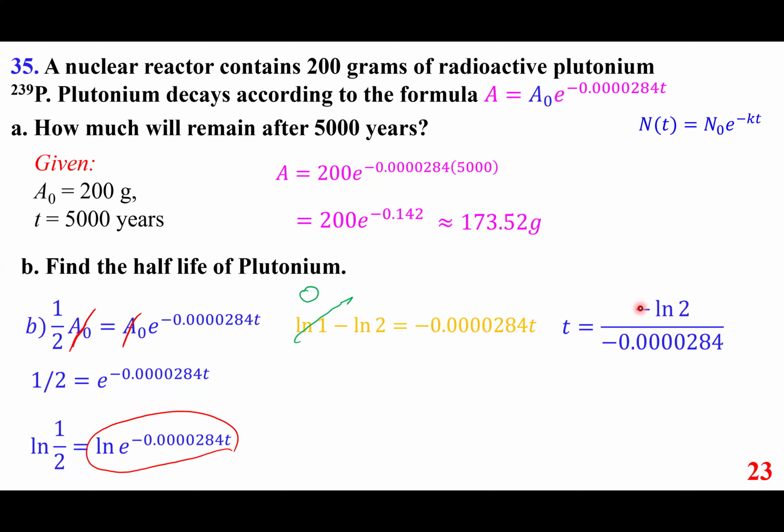You do the math here, put it into a calculator with a bunch of decimals, and you get 24,406 years, 0.59. Now, it's important to know this is an approximation. Sometimes they may just round it to the nearest ones or even tens, whatever they ask you. If they don't, you have to keep it with many decimals.